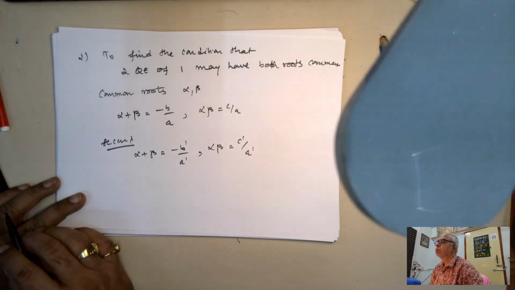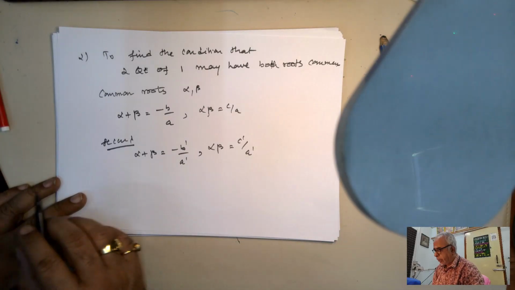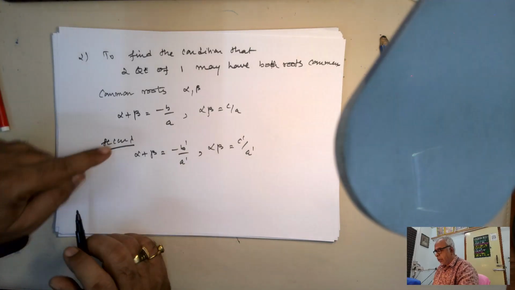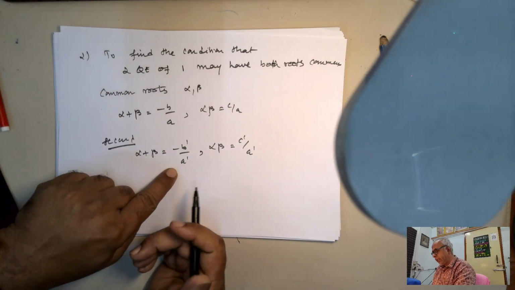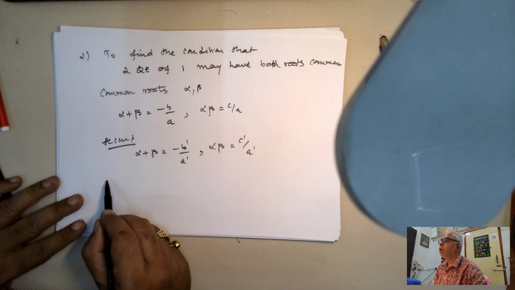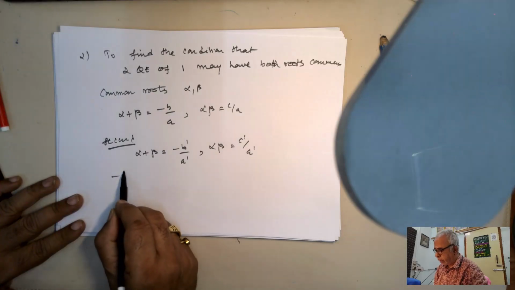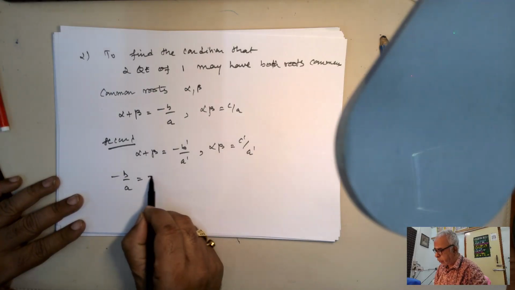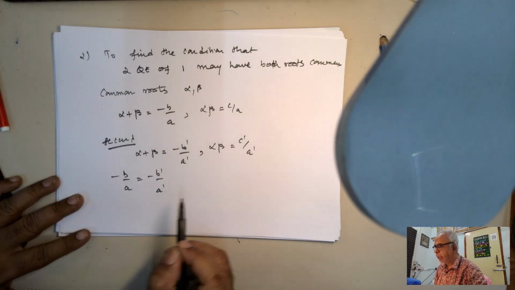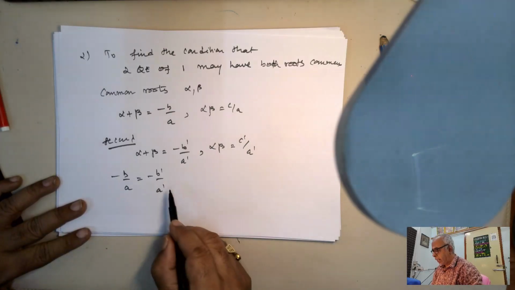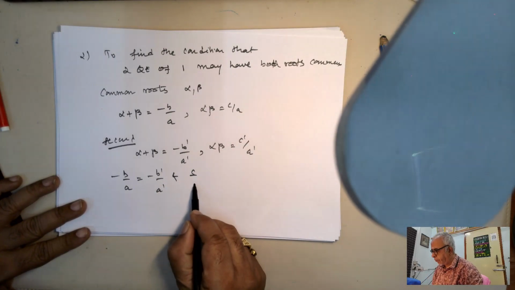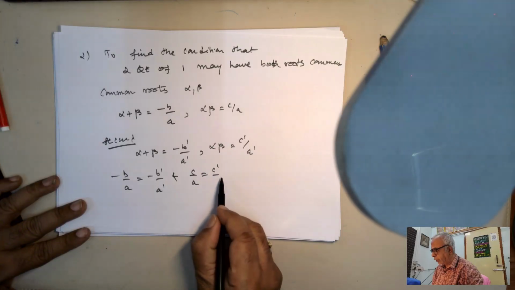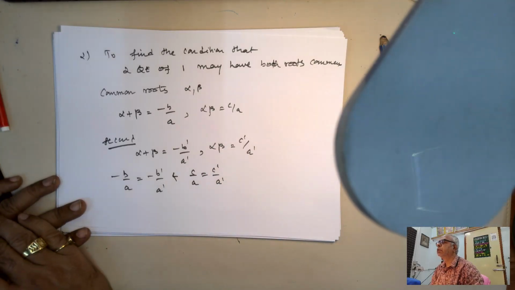So minus b by a is equal to minus b dash by a dash, and c by a is equal to c dash by a dash.